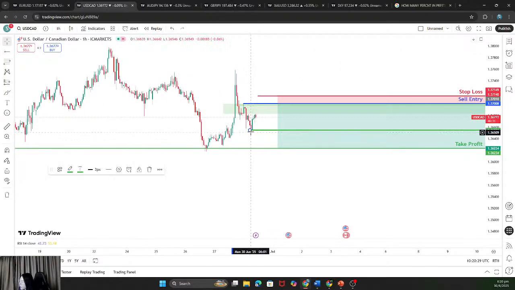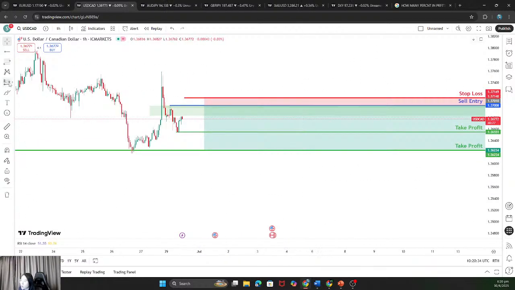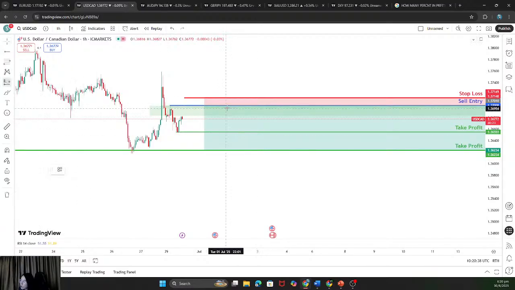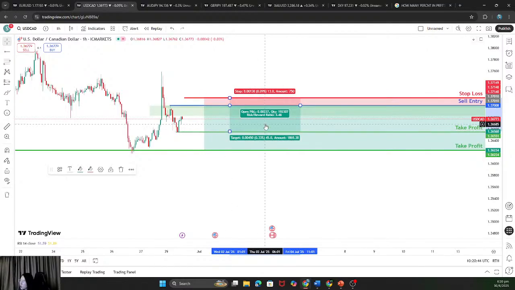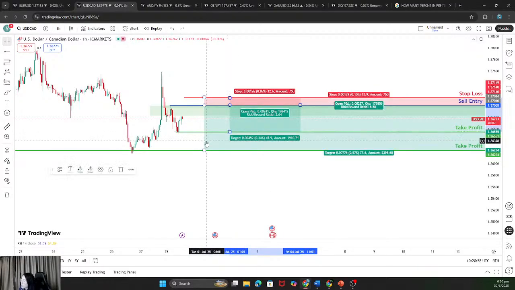Okay, this will be my first take profit. If this works out, we're talking about like 1 to 3.5, super healthy setup, or 1 to 6. Whichever works, 1 to 3.5 or 1 to 6.